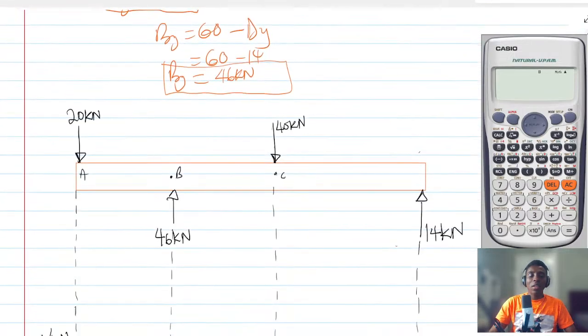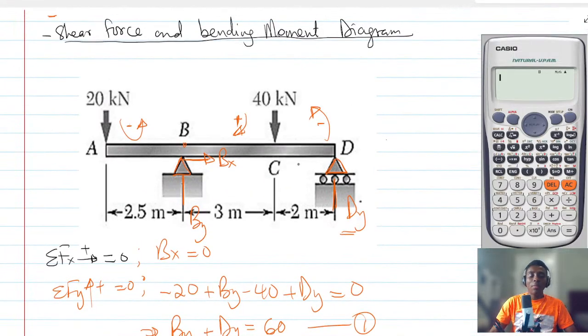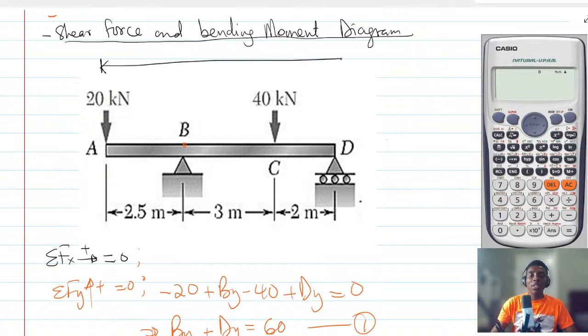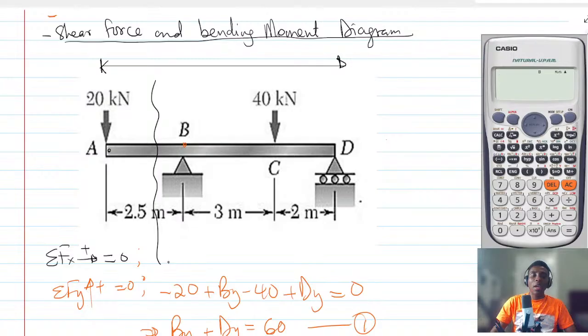You will start here. Let me go back to the diagram. So this is what we are going to do. Stand between A and B. So we will start from the first point and then we will finish at the last point. You will stand at A and then cut through here. So if you cut through here, let's say you make a cut like this.